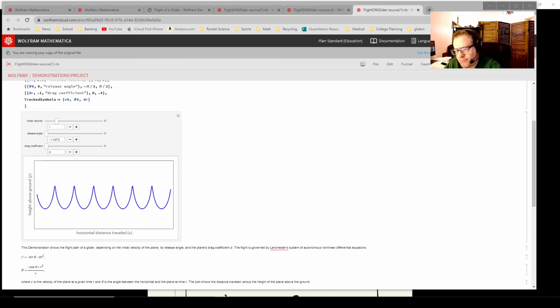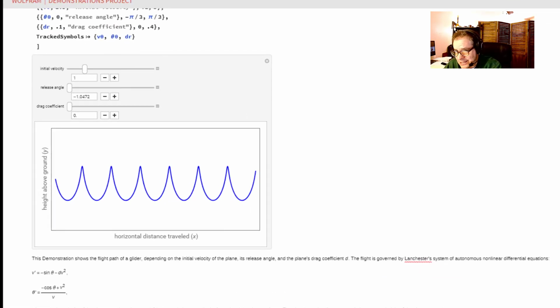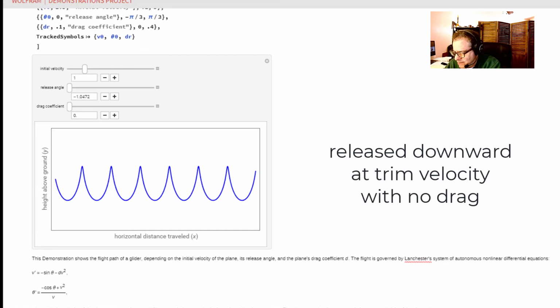Here's another particularly interesting solution. We see it released downwards at an angle of -π/3, or about -60 degrees, with a velocity equal to 1, which means the trim velocity. So the lift generated by the glider exactly would cancel gravity at that speed.